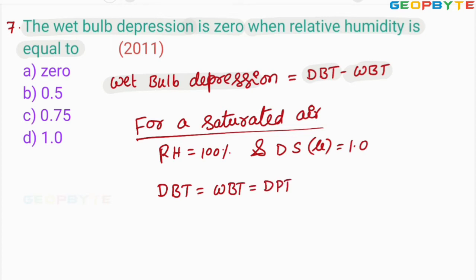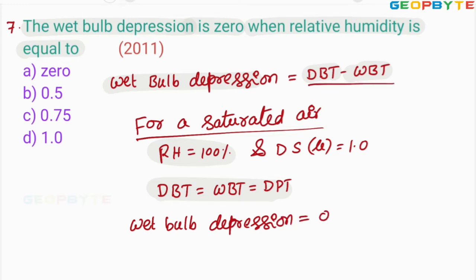Since these three temperatures are identical for saturated air, which is maintaining 100% relative humidity, wet bulb depression is equal to 0. Therefore, option D is absolutely correct. When the relative humidity is 100%, it is equal to 1, and the wet bulb depression is 0.